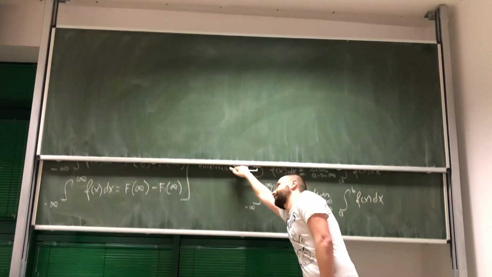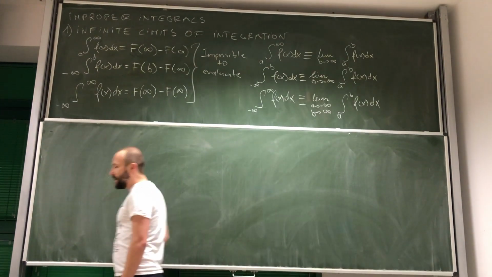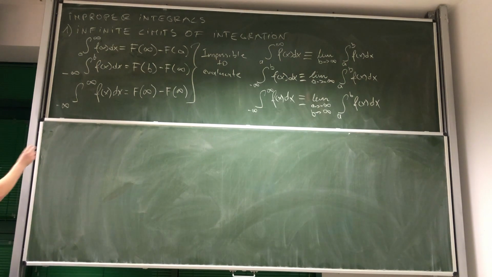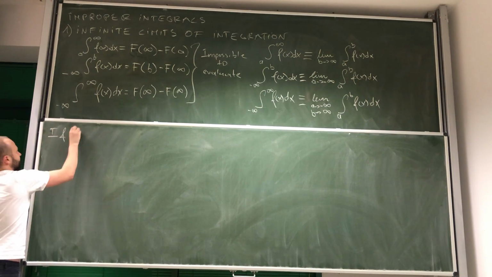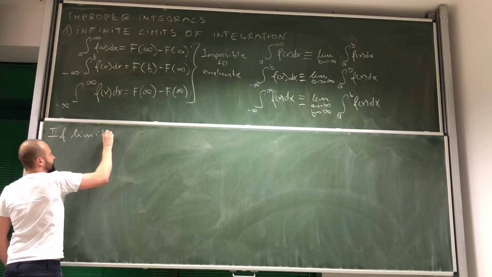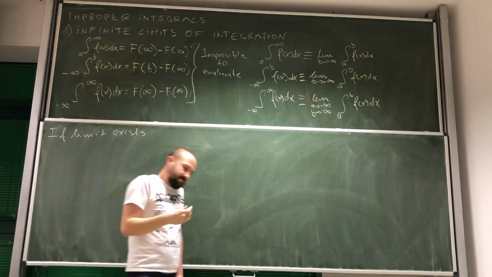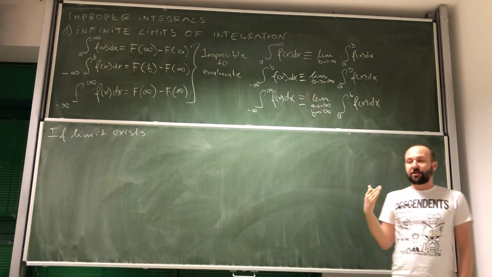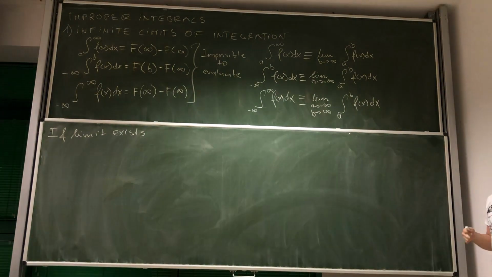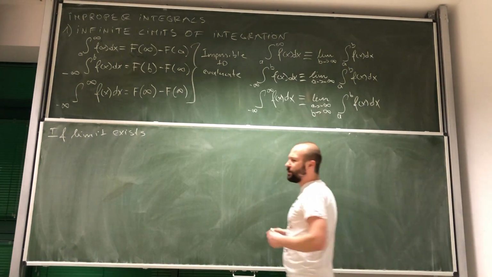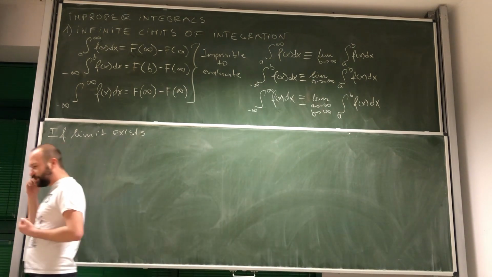Now, if the limit exists, because remember, limit does not always have to exist. And of course, when we move on to examples, I'm going to cover with you a case where the limit does not exist.